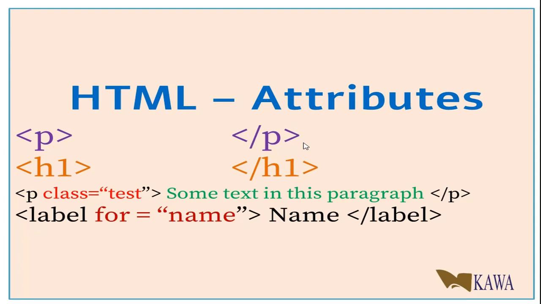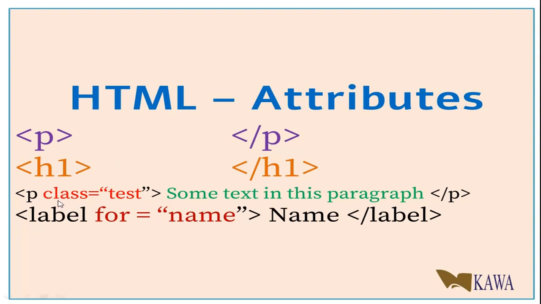But a clear definition, as I said earlier, is that an element is made up of two tags, i.e. the opening tag and the closing tag, just as we've seen in the examples of the paragraph element and the heading element.